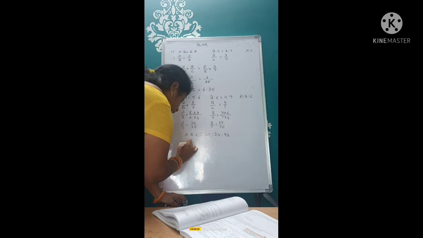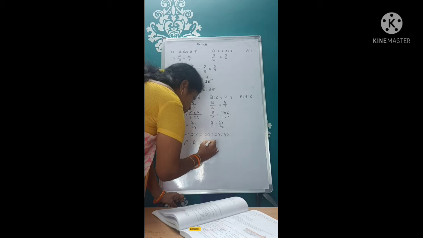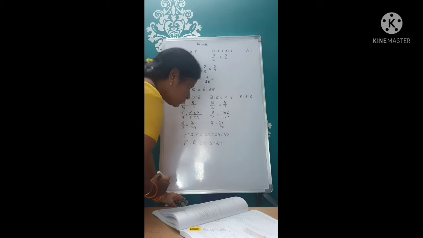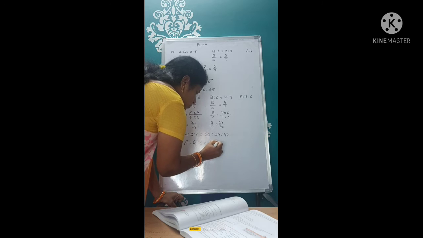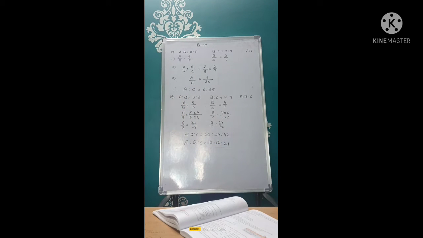Therefore, A is to B is to C equals, by 2 table, 2 10s, 2 12s, 2 21s. This is the simplest ratio. So A is to B is to C equals 10 is to 12 is to 21.